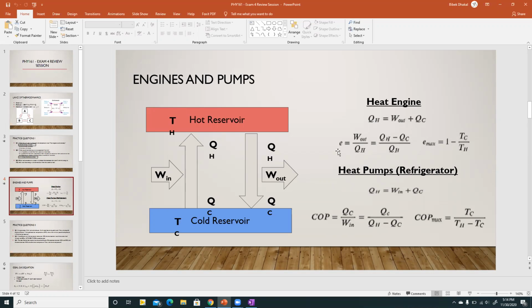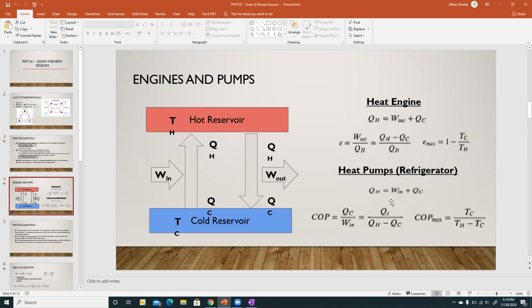Similar to efficiency, refrigerators also have some terms which determine how efficient the refrigerator is. It is usually represented by the coefficient of refrigeration, and that is this: QC over the work input.